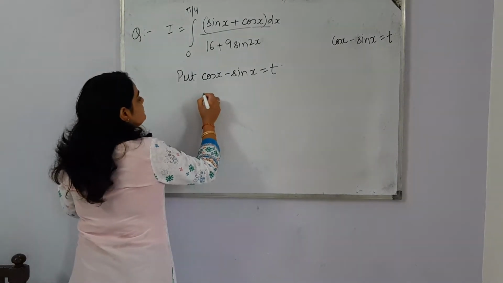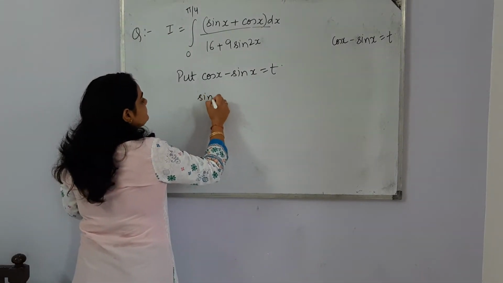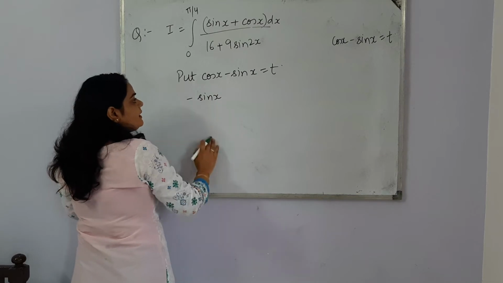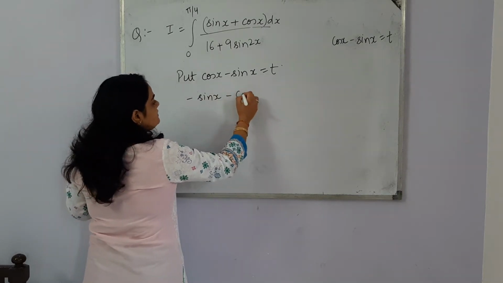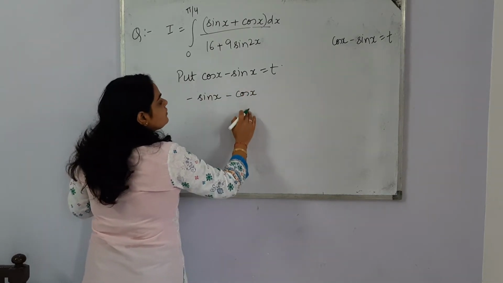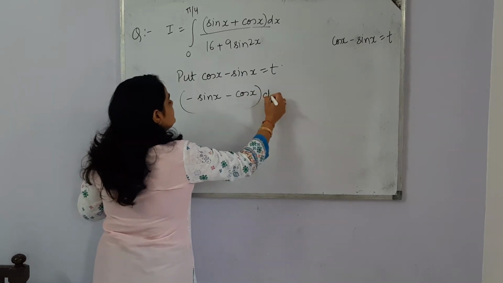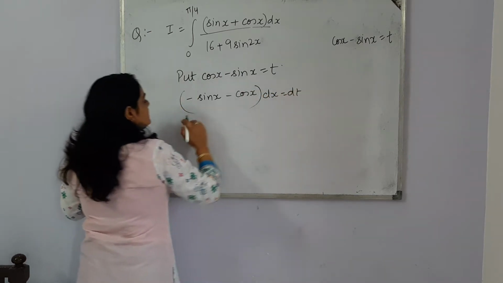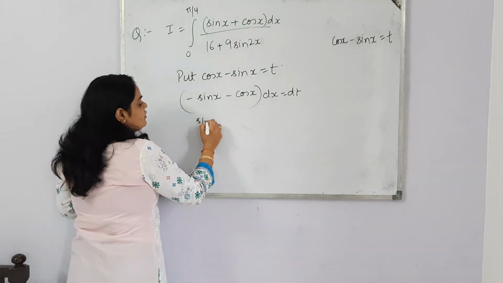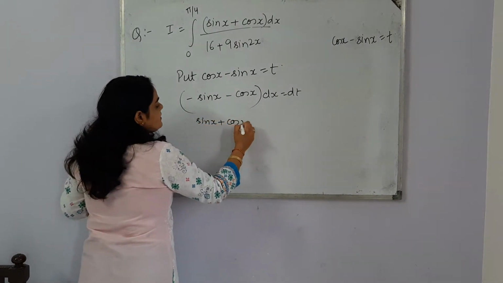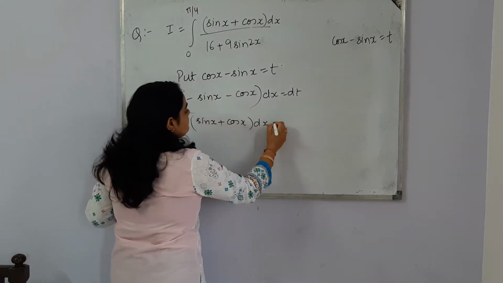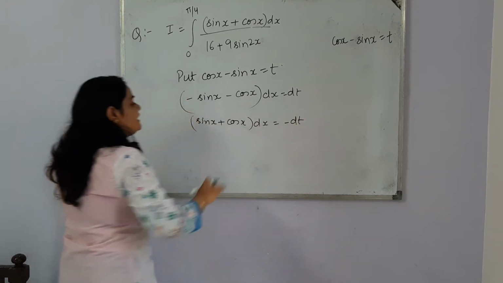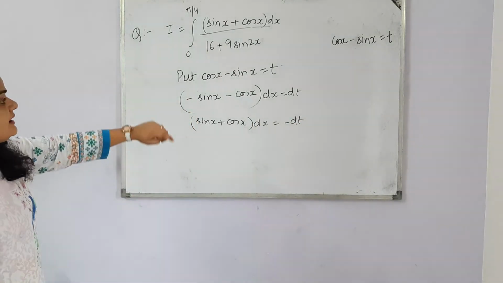Its derivative: cos x's derivative is minus sin x, and sin x's derivative is cos x, so dt equals minus sin x minus cos x dx. After taking the negative sign as common, I am getting sin x plus cos x dx equals minus dt.